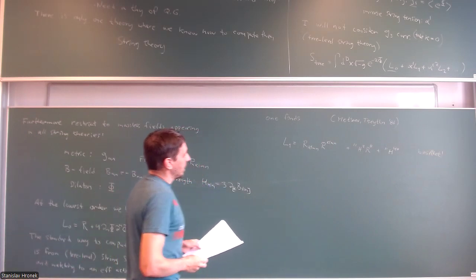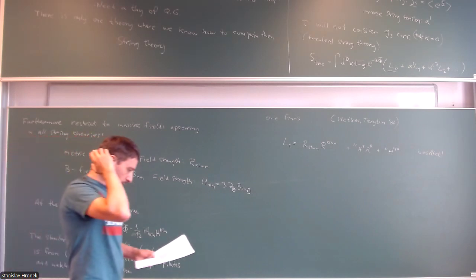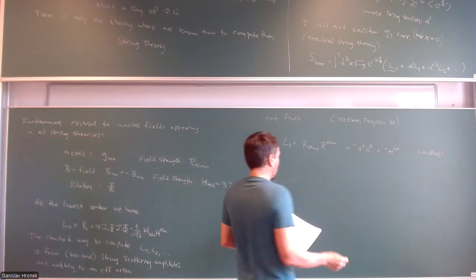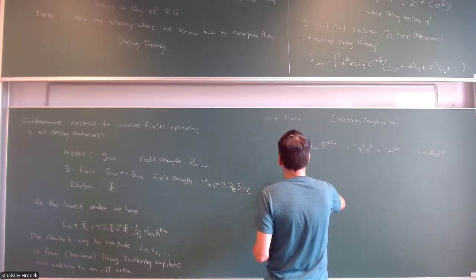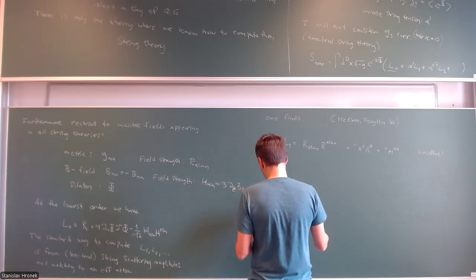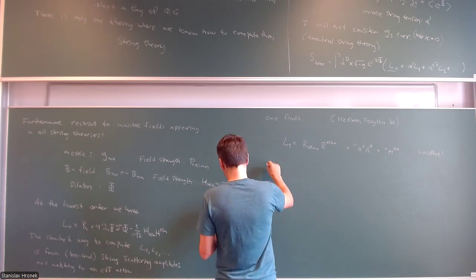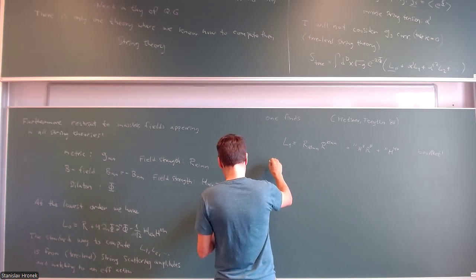So what I say will mainly be relevant for the bosonic string, which is less interesting, but it will also be relevant for the NS-NS sector of the type II string, something you're interested in. Okay, so this is the first correction. It was computed completely with scattering amplitudes by these authors a long time ago. What about higher corrections? Let's look at the next two orders.